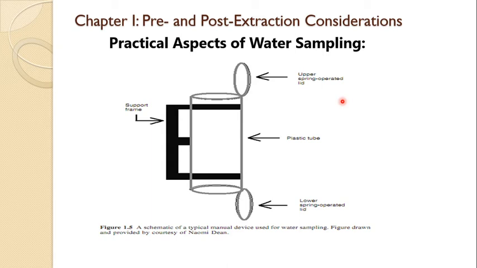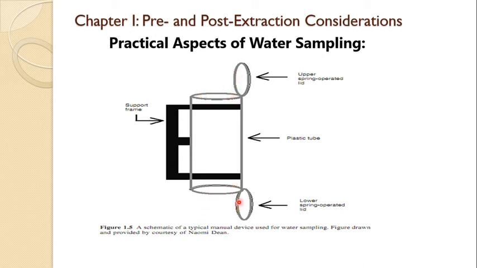We collect the water sample using this device. Here we can see the supporting frame, the black-colored part. These are plastic tubes with both ends open, the upper and the lower.